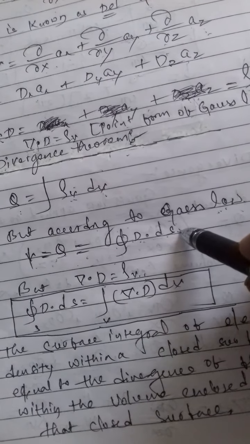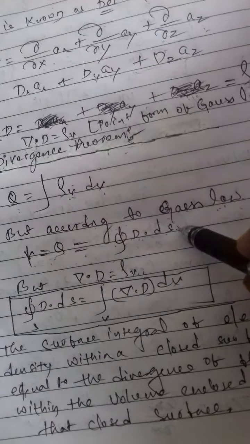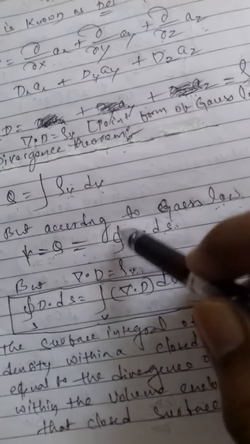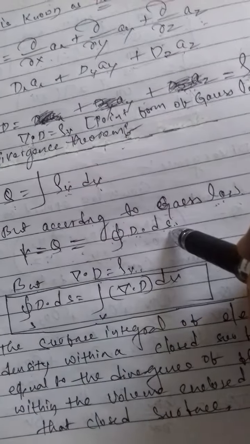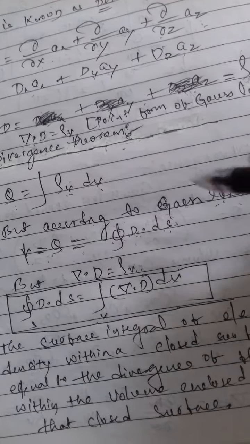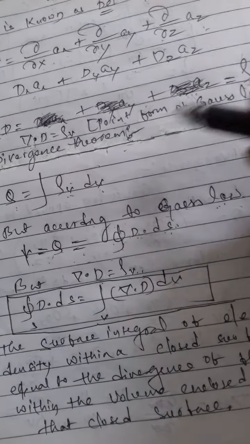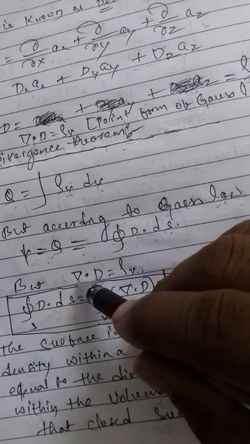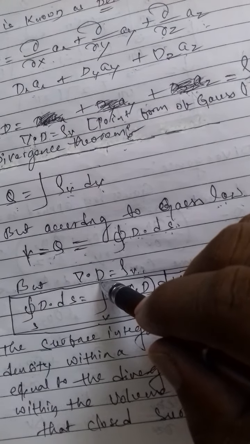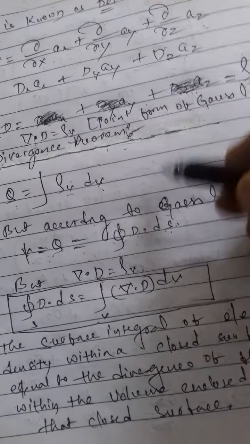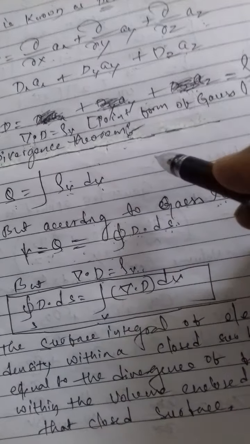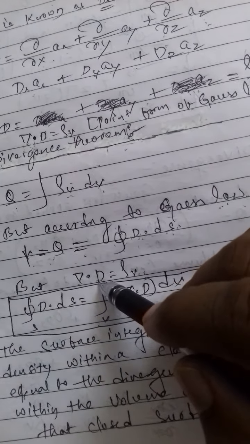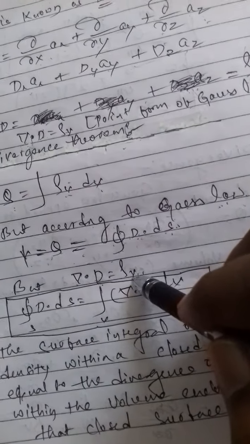Here is the difference. If a surface element is present, the charge enclosed is equal to the closed integral D dot dS. But if the charge is enclosed by a volume element, then you have to apply the divergence. If the charge is enclosed by a volume, then the divergence of flux density is equal to volume charge density.